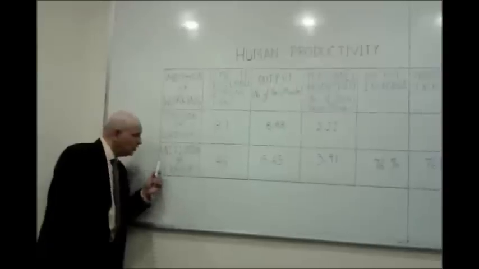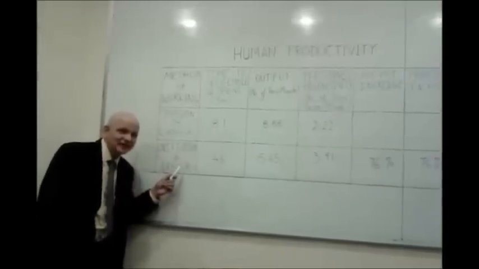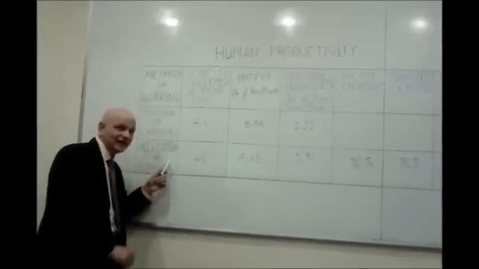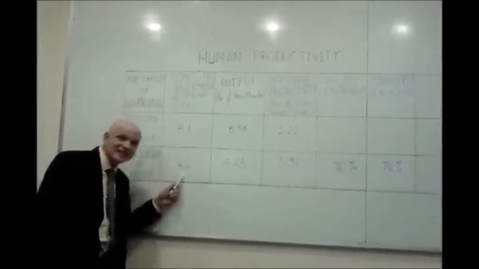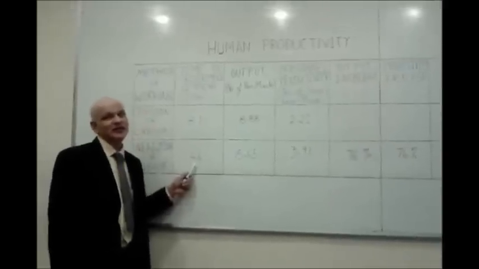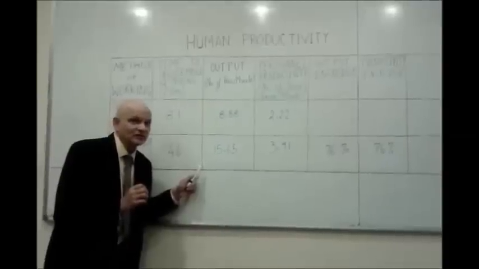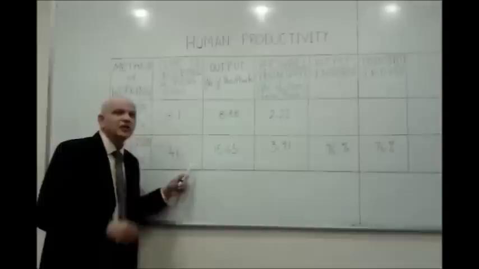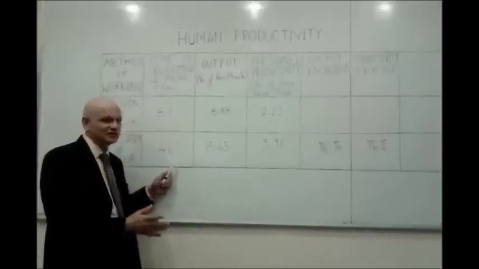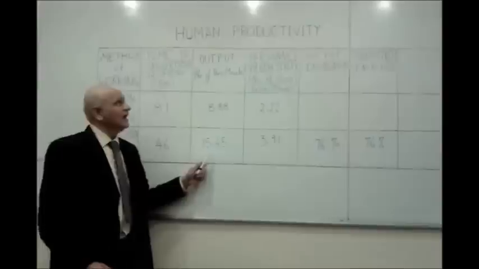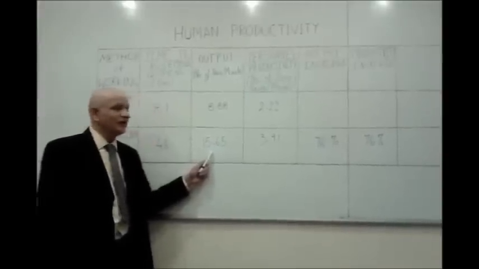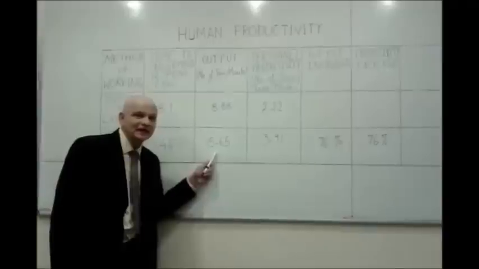How long did it take? 46 seconds. For the last one or the first? For the last one. Alright, let's do the calculations. Unification of labor. That was the second experiment we tried. Took only 46 seconds for 12 pens to be assembled. That also was the last one. The others were doing it much faster. But even if you take the slowest person, you still get an output of 15.65 pens per minute.